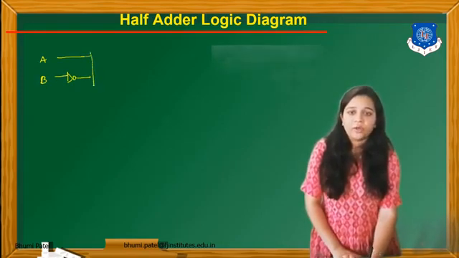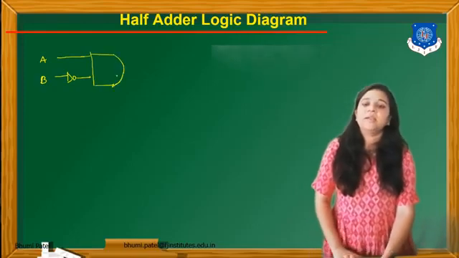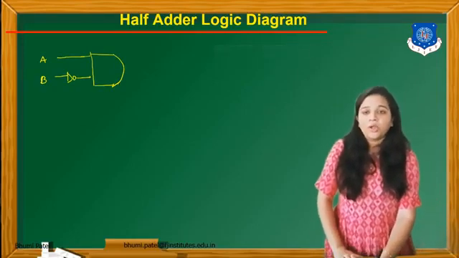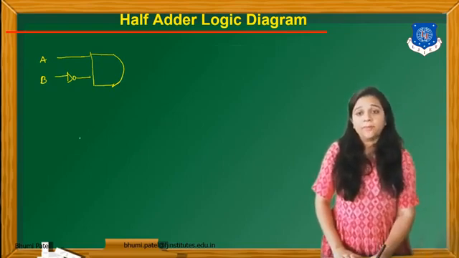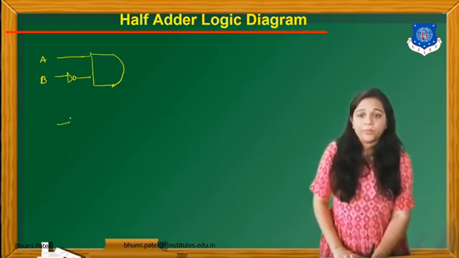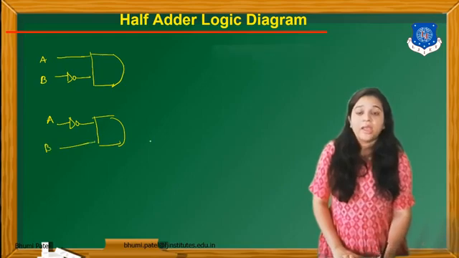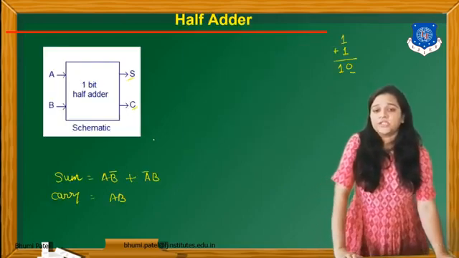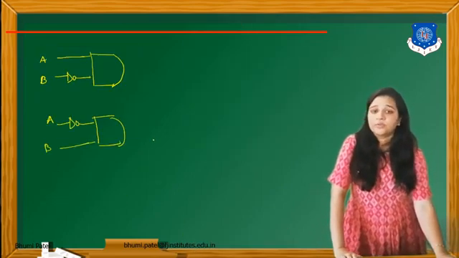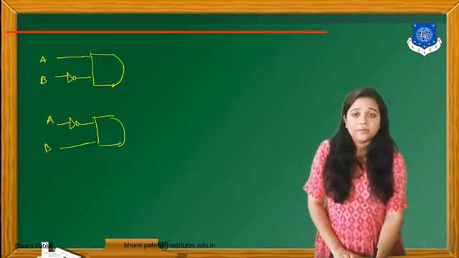We draw an AND gate because the AND gate is the multiplication of the two inputs. The next term is A bar B. So we put A, after that we put the NOT gate, and B as it is. So this is my B, and by the addition of these two terms we get the sum. So we put the OR gate here.